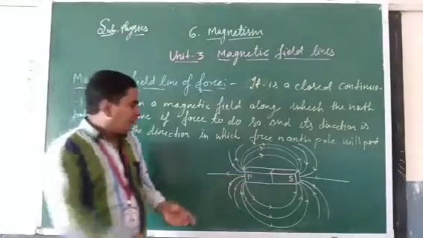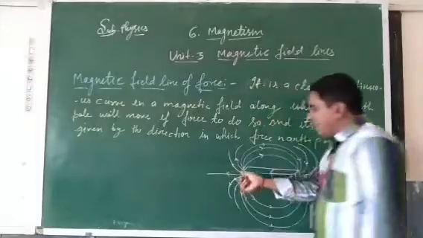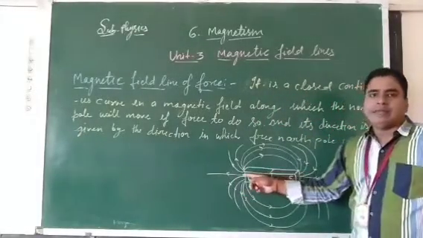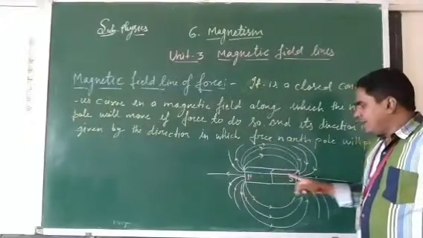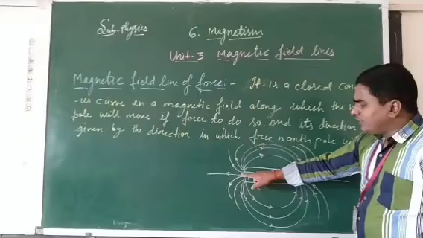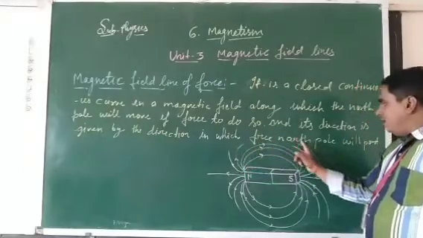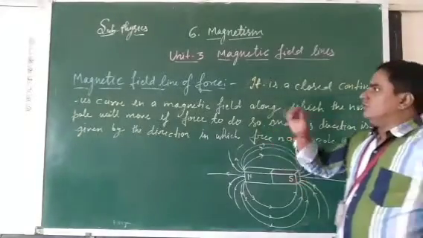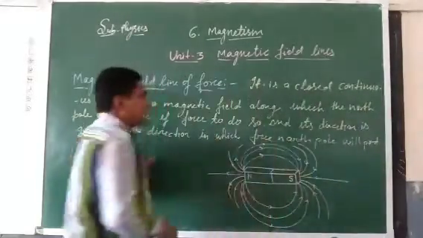That's why the magnetic field lines are very dense, very close to each other, at the ends of the bar magnet, at the north pole and south pole. Okay, clear? So it originates from the north pole and moves toward the south pole, ends at the south pole.